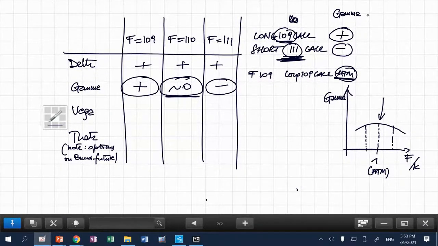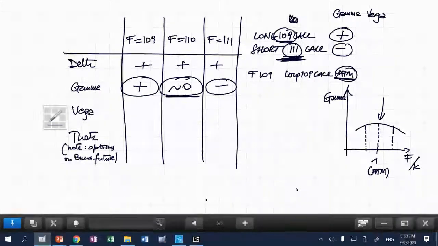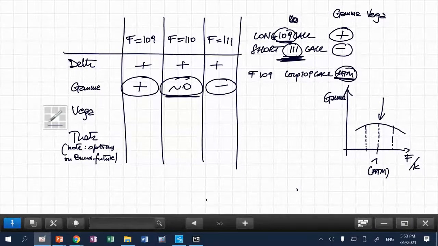What happens with Vega? When are you Vega positive? When you buy options or when you sell? Vega positive means you make money when volatility goes up. As we've just seen at the beginning of today's class, Vega is positive when you buy.